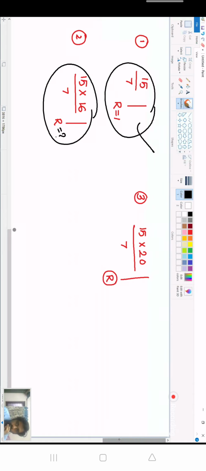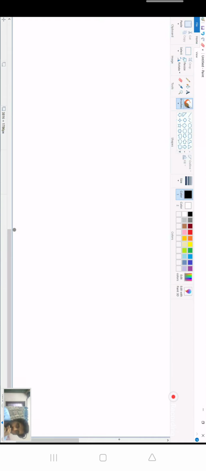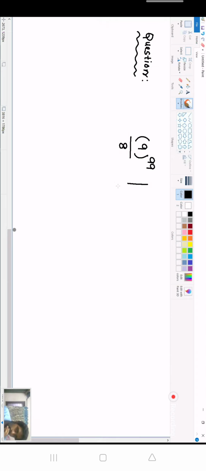Before we proceed with any remainder questions, I just want to clarify one simple thing. For example, if you see a question such as 9 raised to the power of 99 divided by 8, what is the remainder?